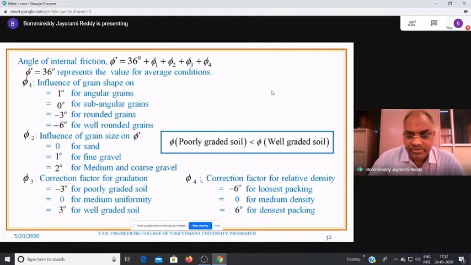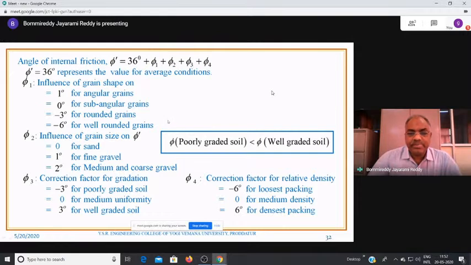Similarly, another parameter is the correction factor for relative density. So already you know that for more dense soil, shear strength will be more. For loose packing of the soil, shear strength is less. So accordingly it varies, minus 6 and also plus 6.